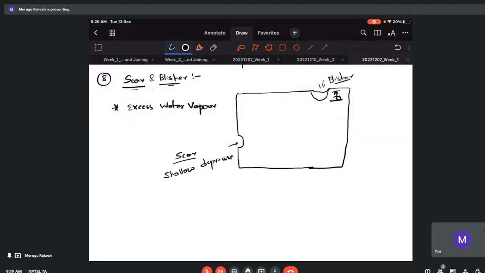This water vapor will exert a pressure on the casting that is being formed, and it forms this type of depressions. If it is a little deeper, we call it a blister. If it is shallow, we call it a scar.